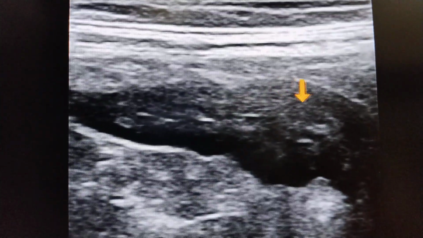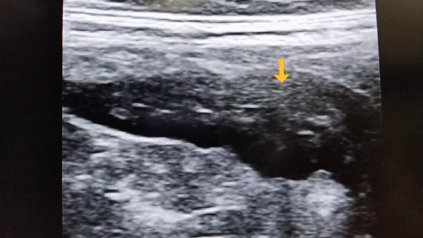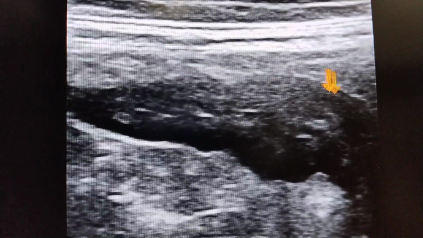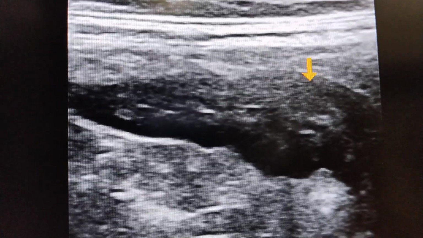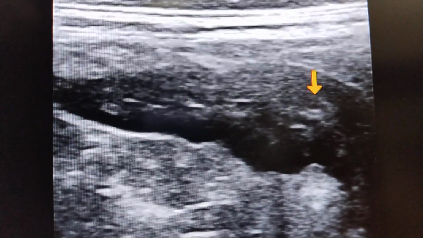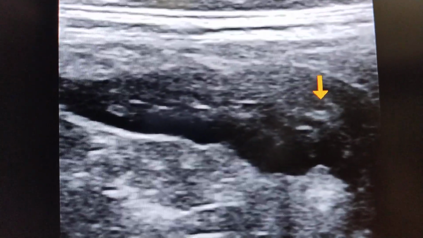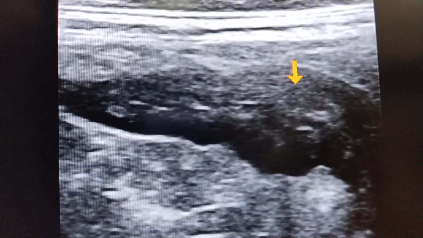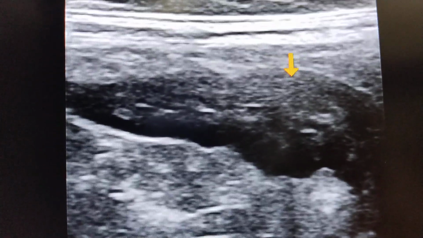There is a clear visualization of these layers of the bowel, but here, due to the thickening and edema of the wall of this descending colon, we are unable to differentiate between the layers.